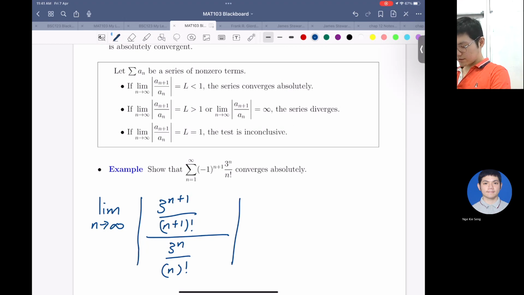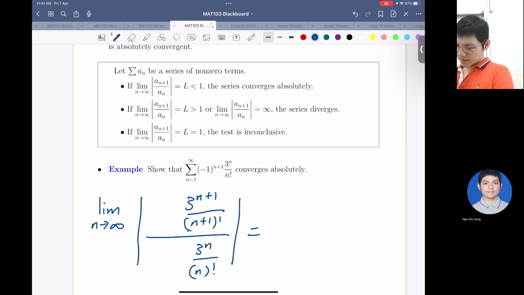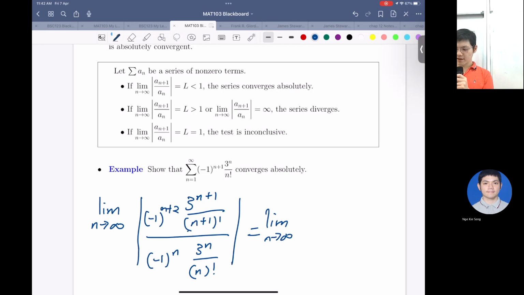Okay, so compute this. What's this? How to simplify this?